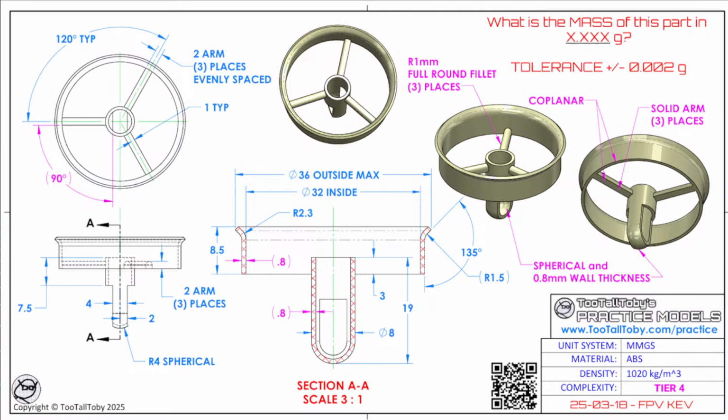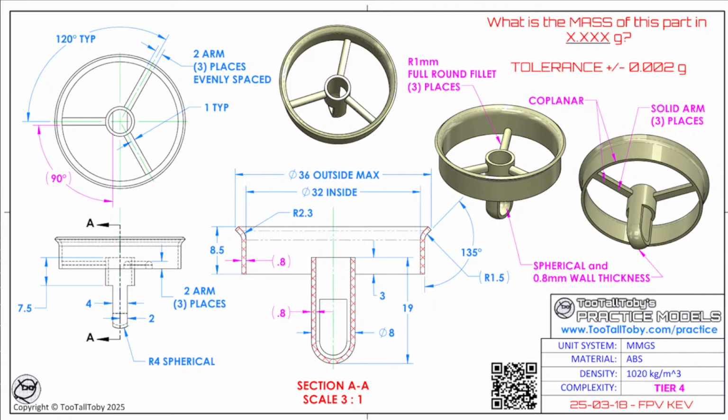You'll notice that there are some Toby notes on this print that are very important. They're not just for reference, they actually are very important. That bottom section is spherical and has a uniform wall thickness. The 3 arms that are evenly spaced at 120 degrees are solid. The side wall is not solid.